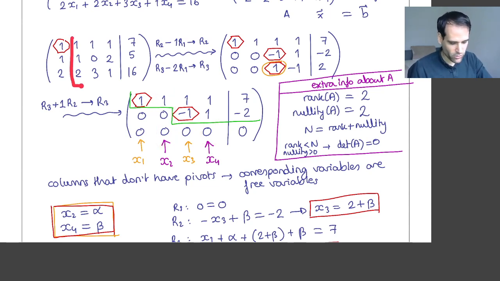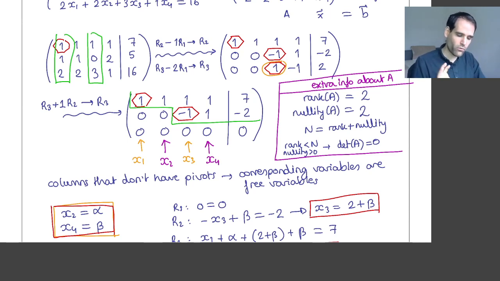But the corresponding 2 columns, the second and fourth column in the original matrix, also turn out to be linear combinations of the other 2. So using the first and the third columns, which do have pivots, we can add and subtract them in ways to produce the other columns.